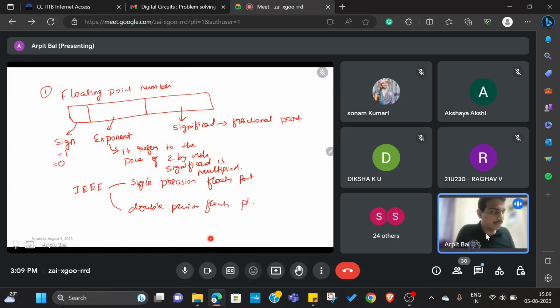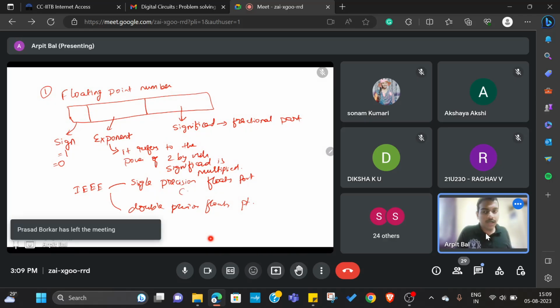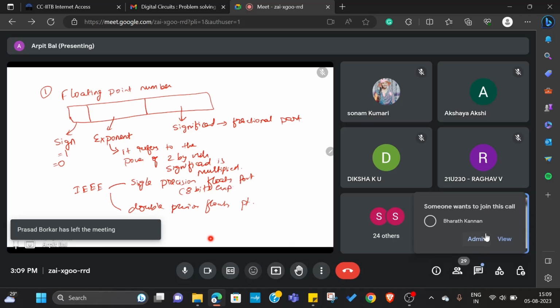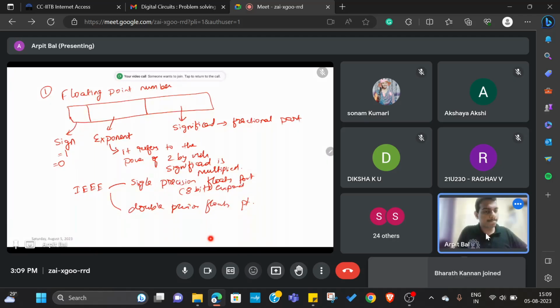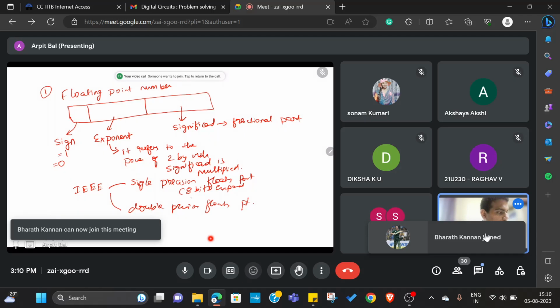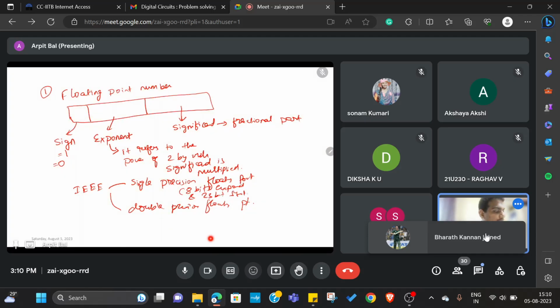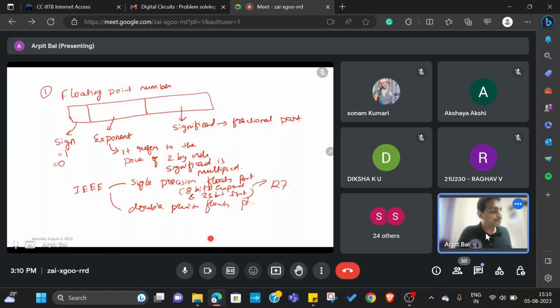In single precision floating point, what is defined is the number of bits used for the exponent field and for the significand field. In single precision, we have an 8-bit exponent and a 23-bit significand, along with a bias of 127.